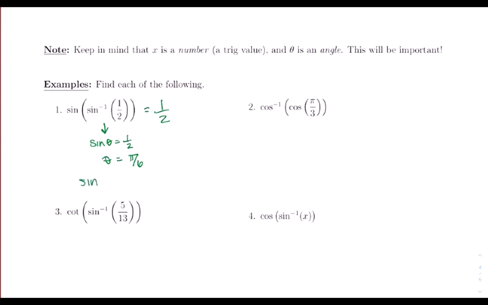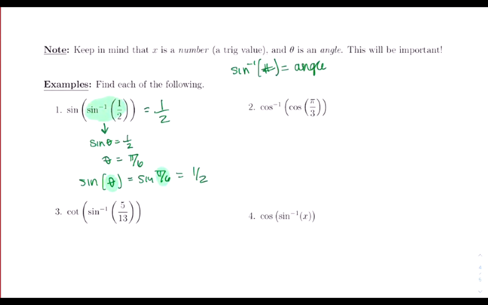So sine of theta now equals sine of pi over 6, which is a half. Right, sine inverse of a number will give you an angle. So that's what I just did here. This whole thing I replaced with that angle pi over 6.